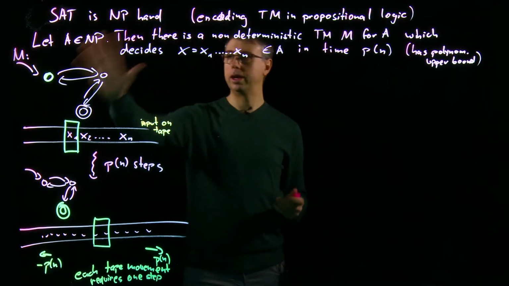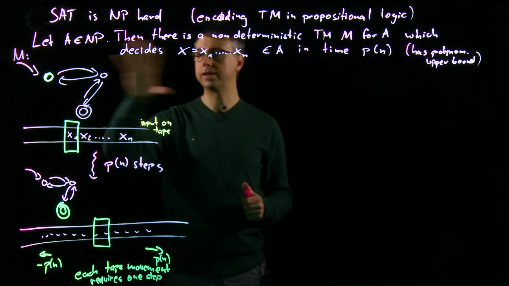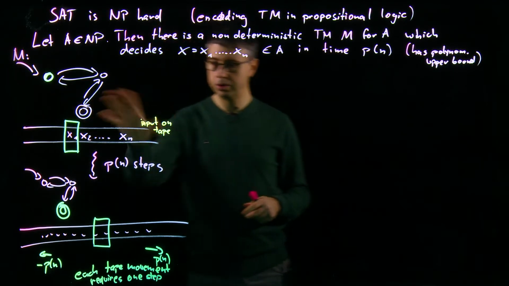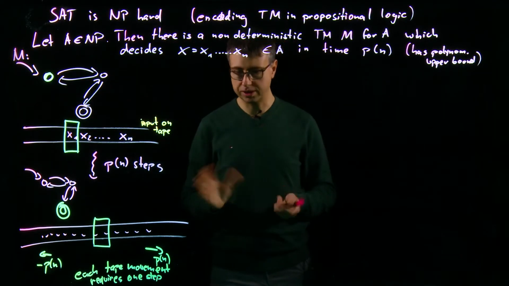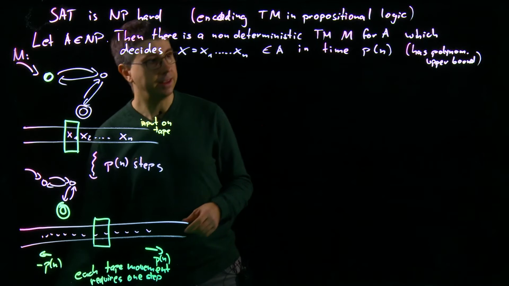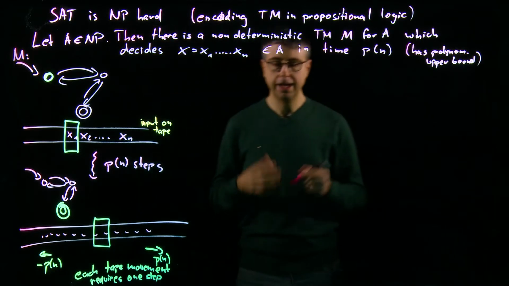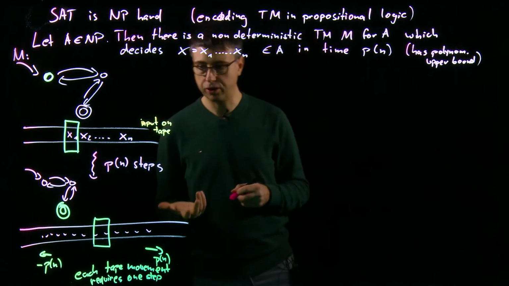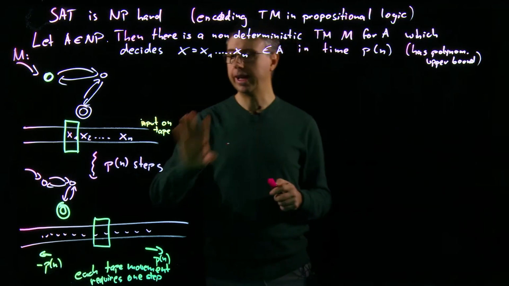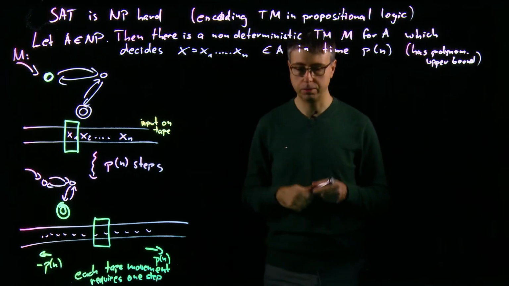We know that we have this language A, we have a Turing machine. When the Turing machine accepts a word, it works more or less like this. And the idea for the proof now is that we want to construct a formula that actually encodes the behavior of the Turing machine.